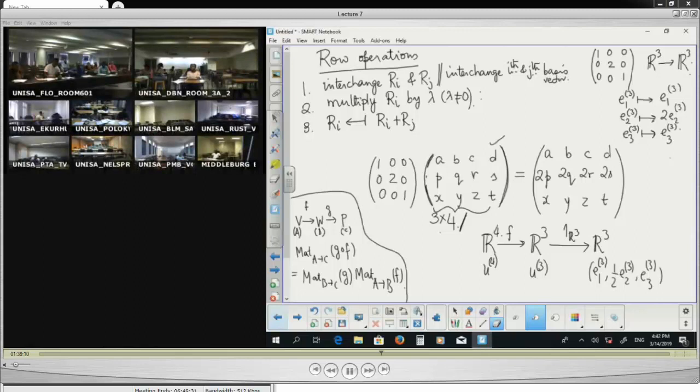So the ith vector, and the rest are kept the same. So that's the new basis. Multiplying a definite row means actually changing the basis. That corresponding vector has been multiplied by 1 upon that. Okay? Good.